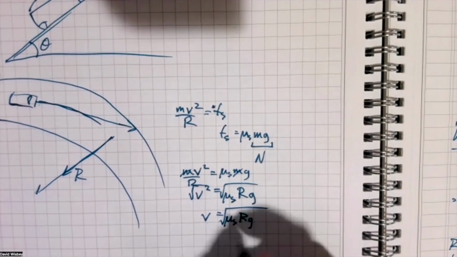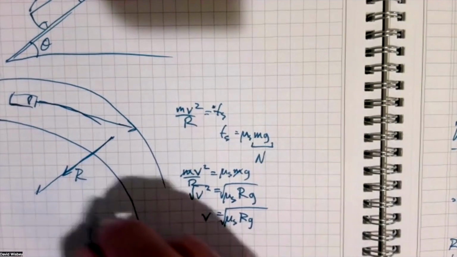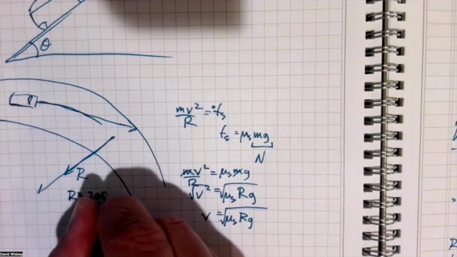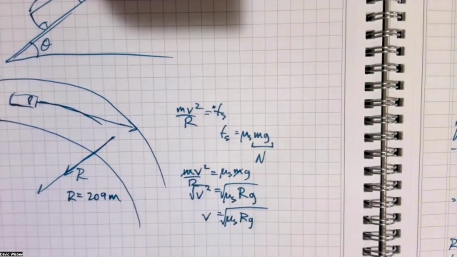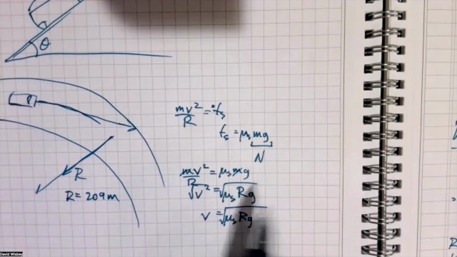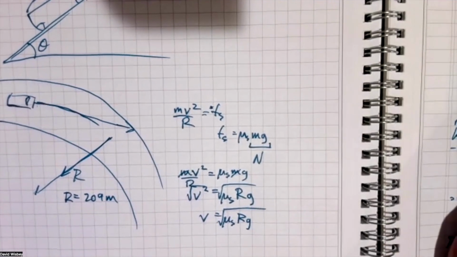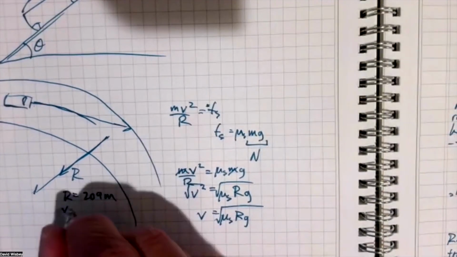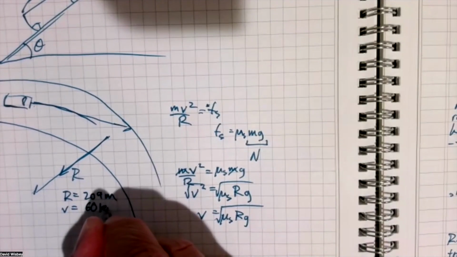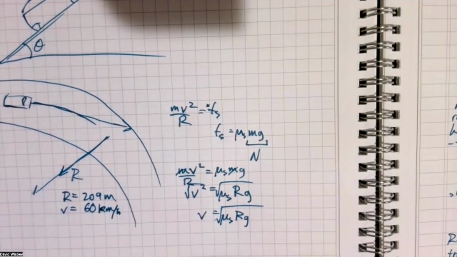Let's say R is 209 meters. We don't really need to know the mass of the car. And let's say our velocity V is 60 kilometers per hour.